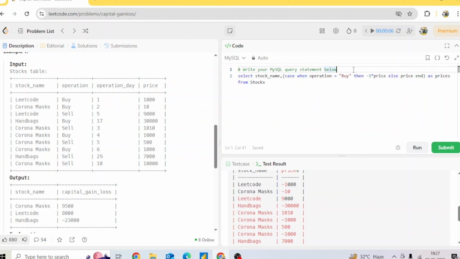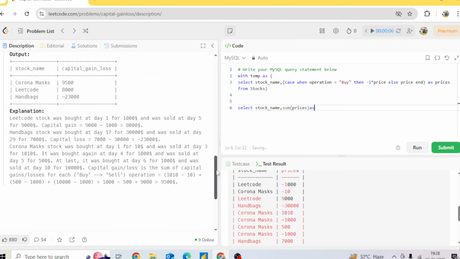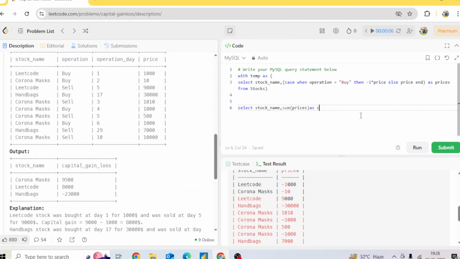Now I'm going to store this in a temporary table. And here I will simply select the stock name and sum the prices, and the alias is capital_gain_loss, from the temp table.